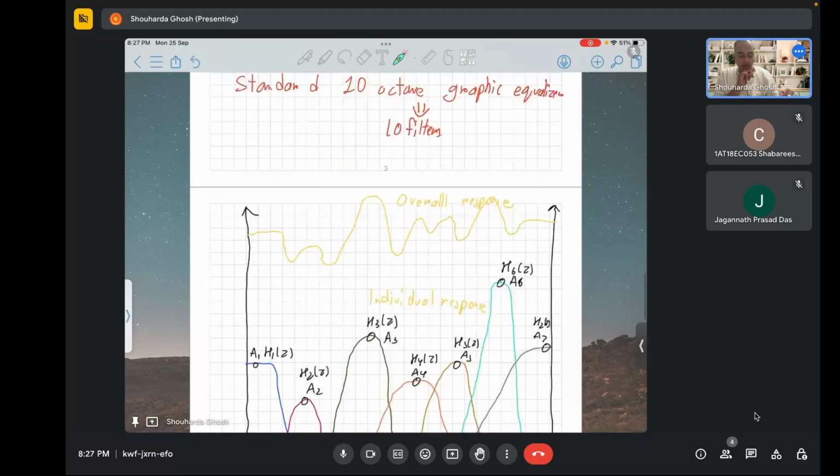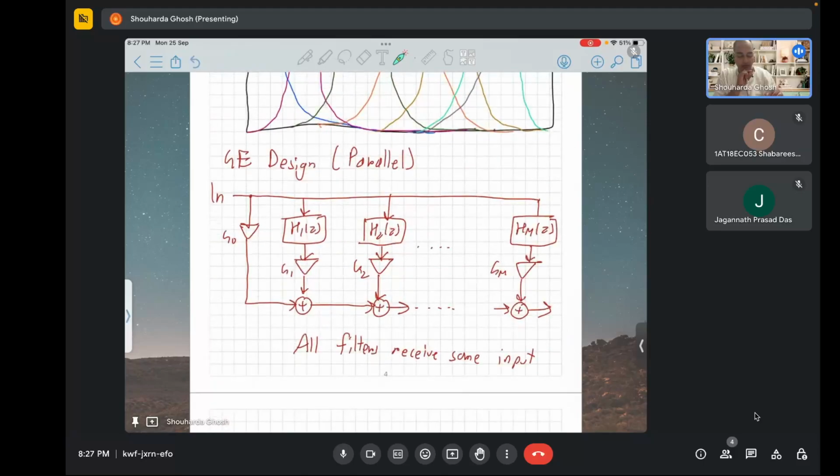So if the same input is going over all of them, then since the range of the inputs is the same, all of them will have the same kind of input and output bit widths. That makes the filter design easier in terms of the bit width selection of the input, output, as well as the internal signals.